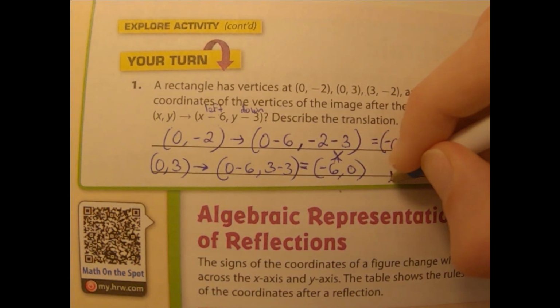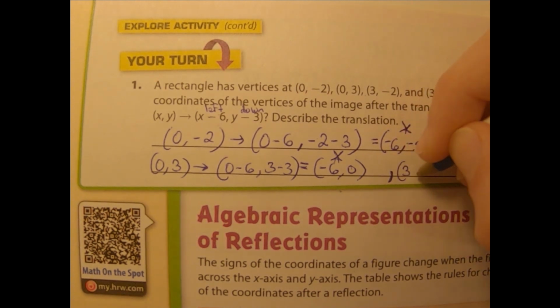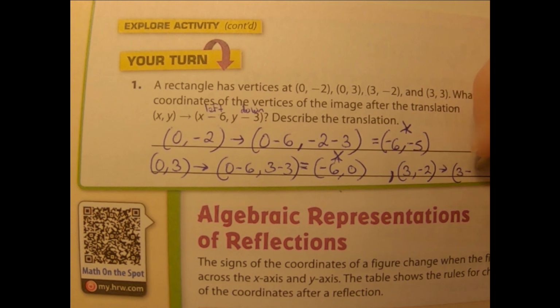Let's keep going with (3, -2). I'm going to do 3 minus 6 and -2 minus 3. 3 minus 6 is -3, -2 minus 3 is -5.